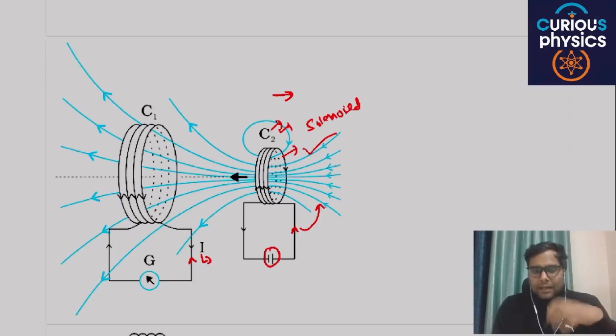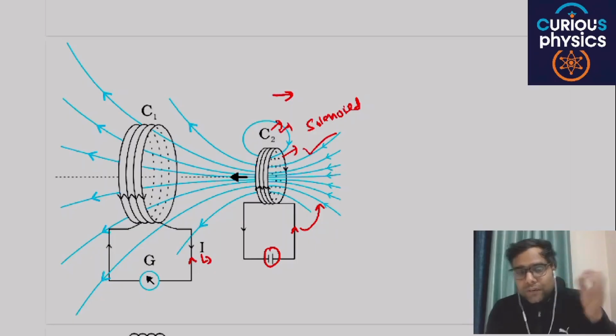Meaning to say that what is changing in the coil C1, you have to change the magnetic field in coil C1. And that change in magnetic field is responsible for the production of induced current, for the flow of induced current in coil C1.